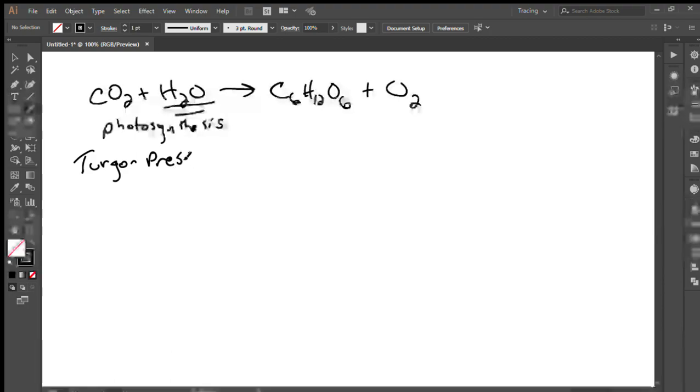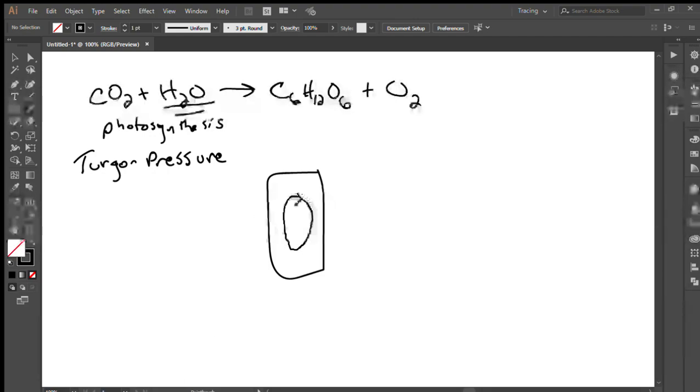Turgor pressure. Okay. Inside of these cells, plant cells are kind of rectangular in shape. Inside is a large central vacuole. You remember that large central vacuole stores water, not only for the plant to use, but to provide pressure against the outsides of the cell, so that it can push against the cell wall, which is on the outside, and keep the plant rigid.